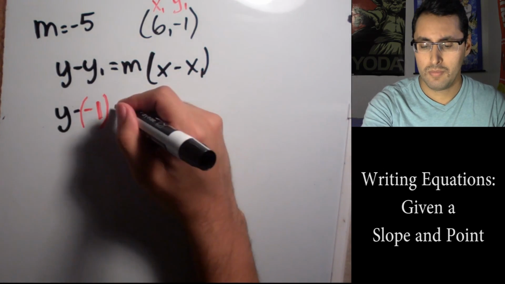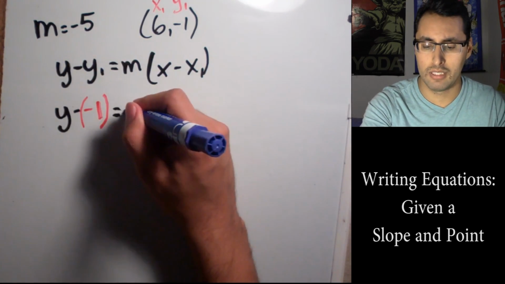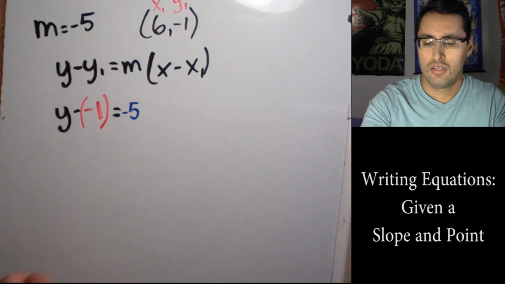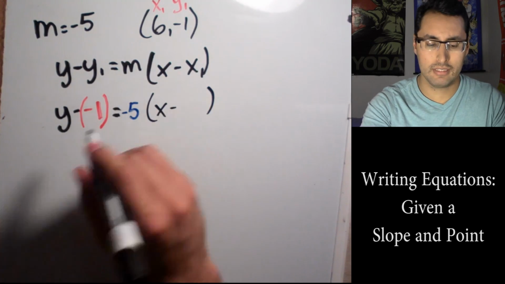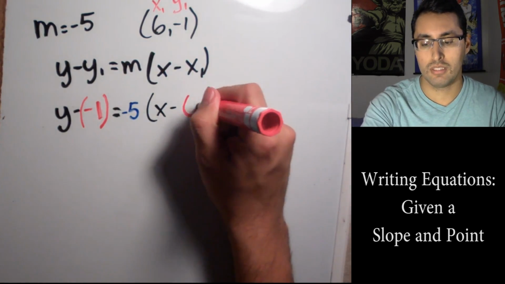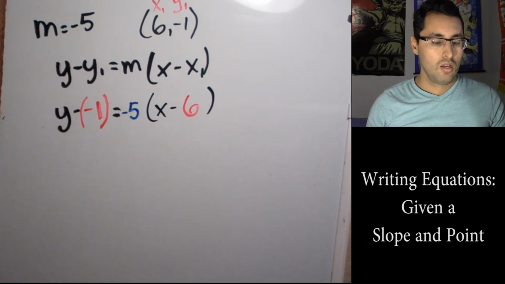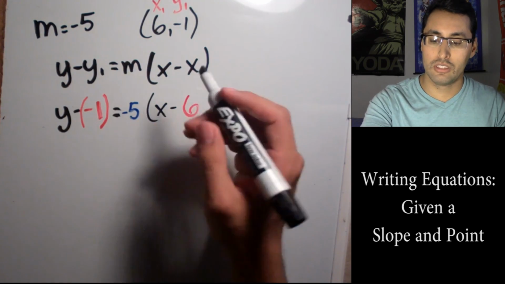Alright, equal to our m. Well, our m over here is a minus 5, so I'm going to put minus 5. And let's put parentheses. We have x minus x1, so I'm going to put x minus x1 over here is a positive 6. I'm just going to put positive 6. Alright. Well, looking at this, our second step after that is to use the distributive property.